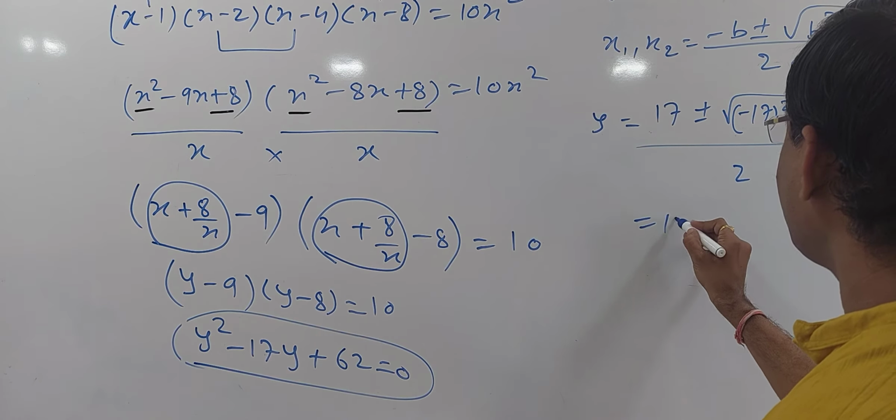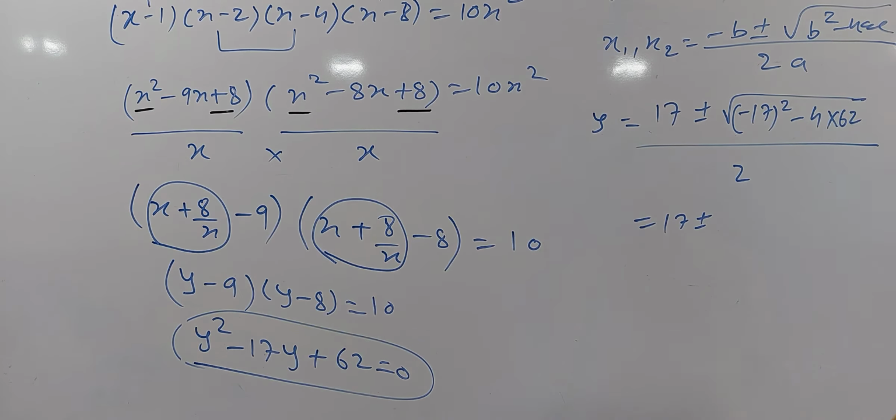So I am getting 17 plus or minus 17 square is 289, and this is 248. So this is 289 and 248. Fine. So it is coming to be finally 41. Something like that. 41 or something else.